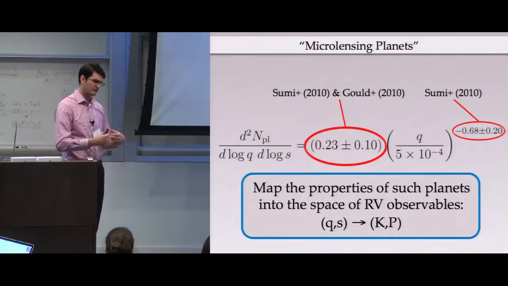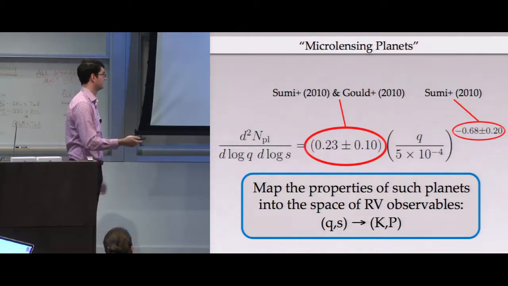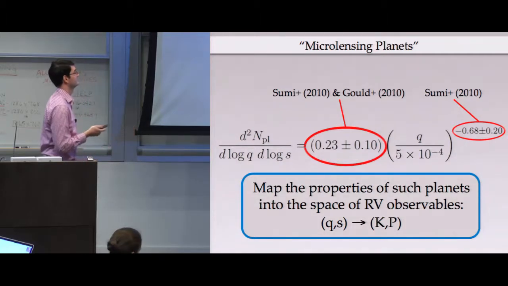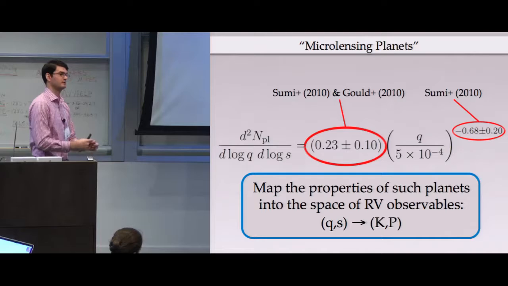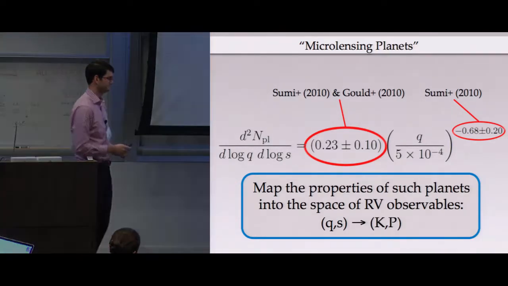And so what we did and how we define microlensing planets is we assumed a distribution function of mass ratios and projected separations that has this form. So this is uniform in log s and a power law in q, where the slope was measured by Sumi and others in 2010. And this normalization comes from a combination of the Sumi result as well as that of the Gould survey from 2010.